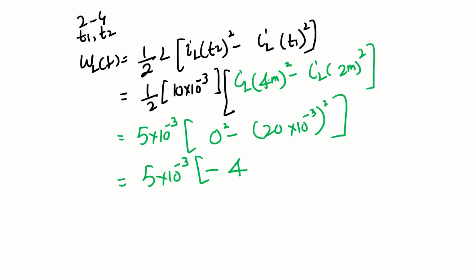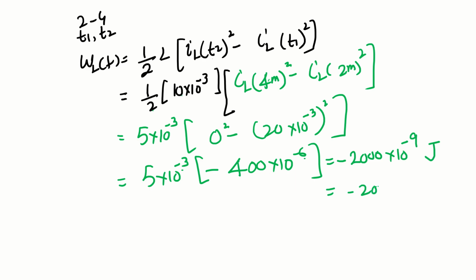5 times 10 power minus 3 minus 20 squared. The square of 20 is 400, times 10 power minus 6. Simplifying, 400 times 5 gives minus 2000 times 10 power minus 3, times 10 power minus 6, which becomes 10 power minus 9 joule, or minus 2000 nanojoule.